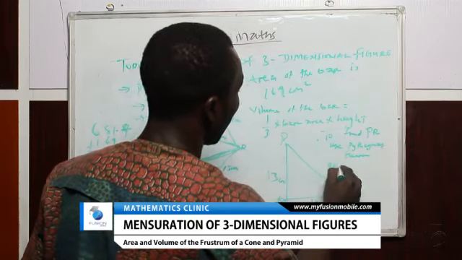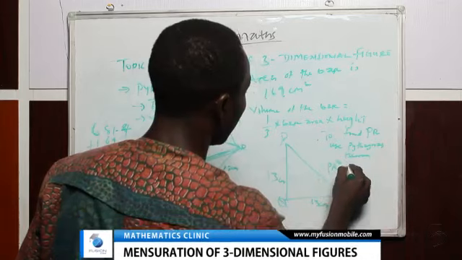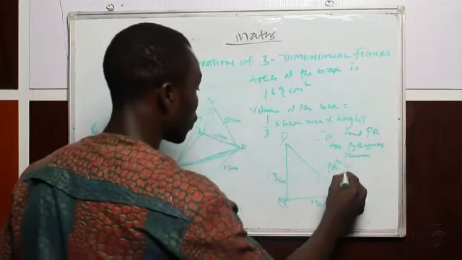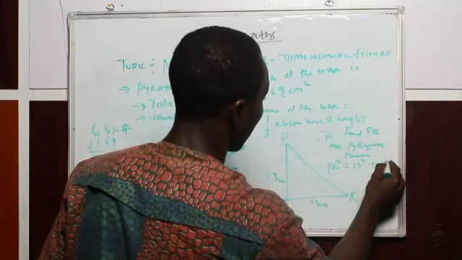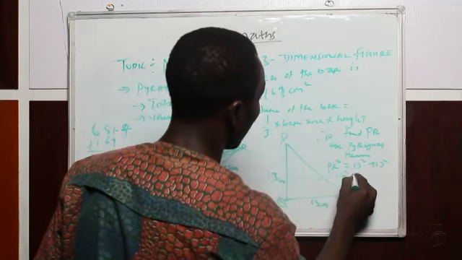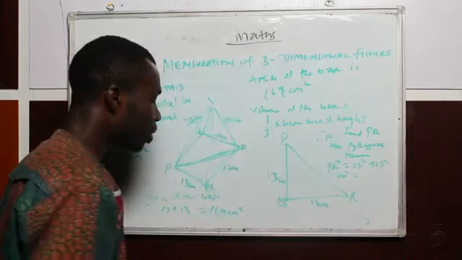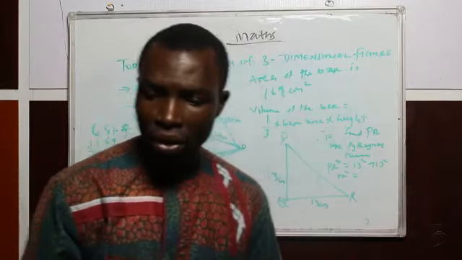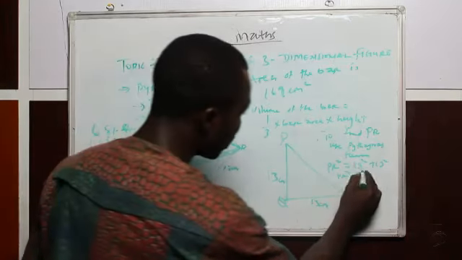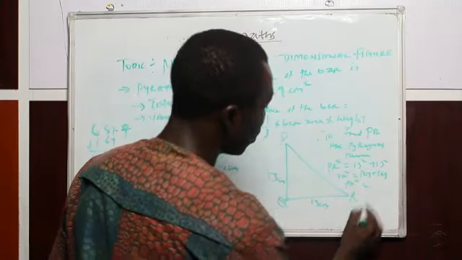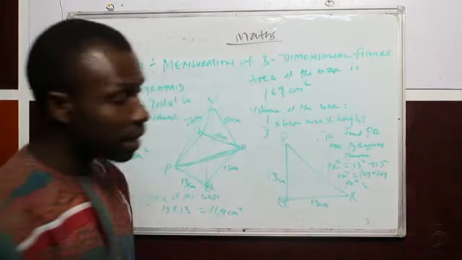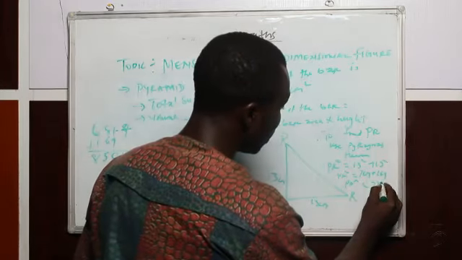Pythagoras theorem is given as PR square is equal to 13 square plus 13 square. That's 169 plus 169. PR square is equal to 338.